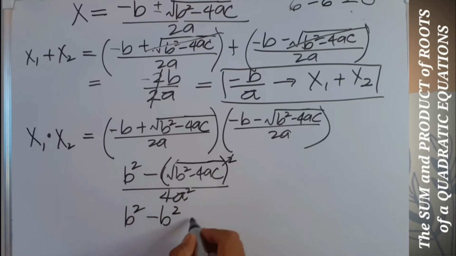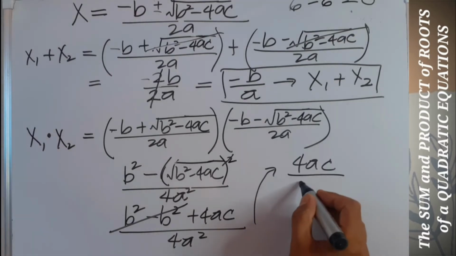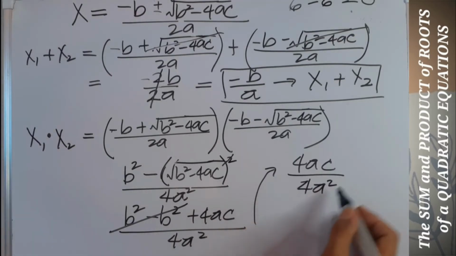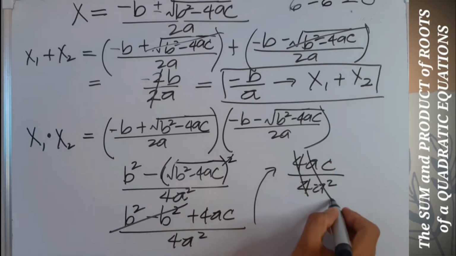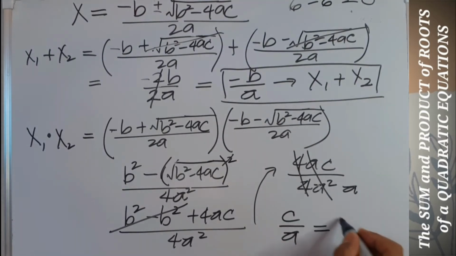Negative times negative 4ac is positive 4ac all over 4a squared. B squared minus b squared is cancelled. So we have 4ac all over 4a squared. Cancel lang 4. Cancel lang a squared. May natirang a. So remain is c over a is our product of roots.